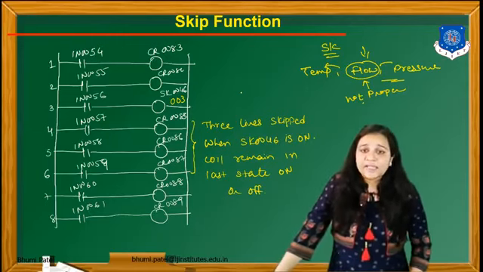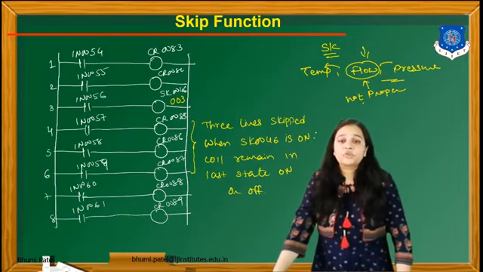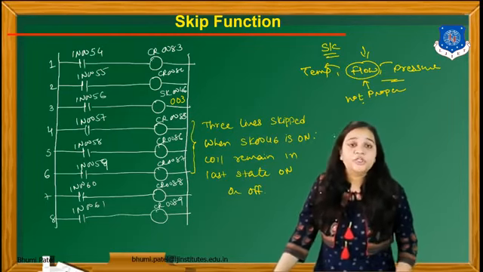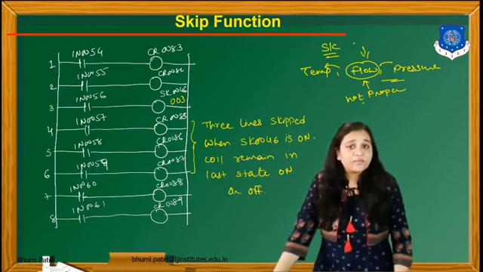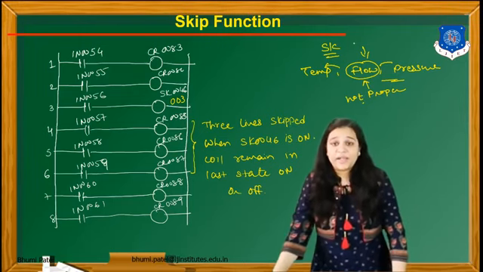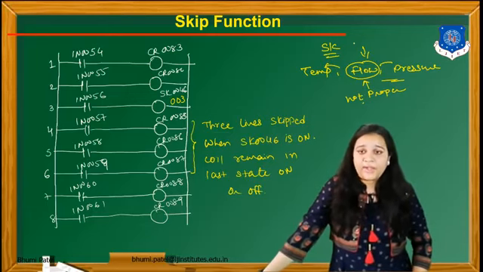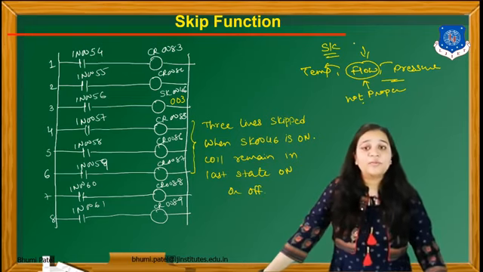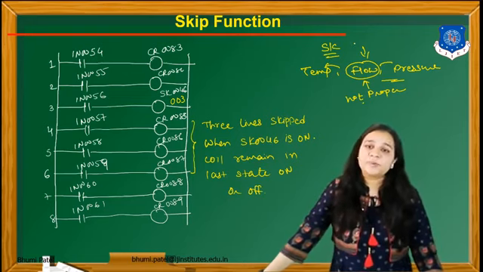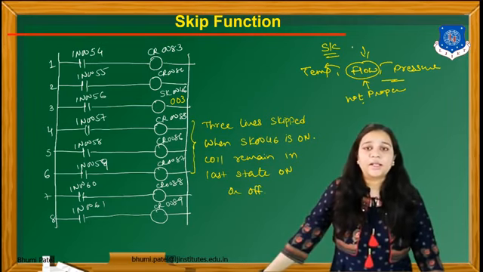We can skip some lines of the program and then solve the problem. The command for this skip function is SK, and it is generally used when we deal with programs of more than 100 or 200 lines and any line has a problem. We can skip this line for this particular time, solve the problem, and again run or simulate the program.